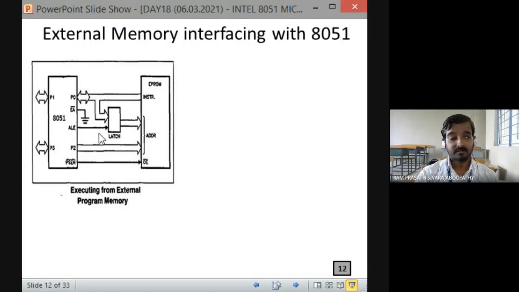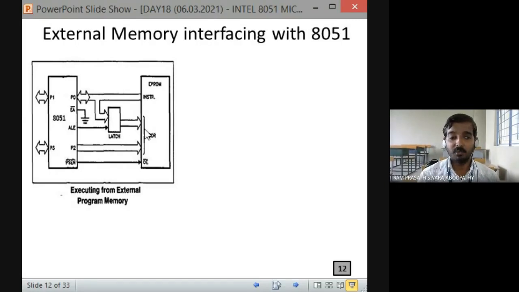Whenever ALE is high, the address will be latched here, and the output of the latch will act as the lower order address line, whereas the higher order address line is from port 2. So now the address bus and data bus are ready.